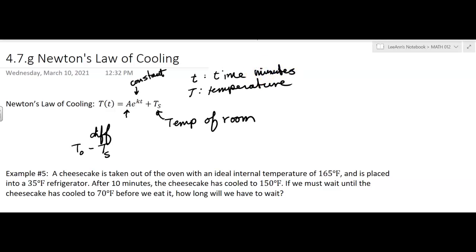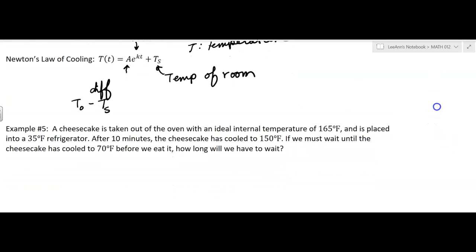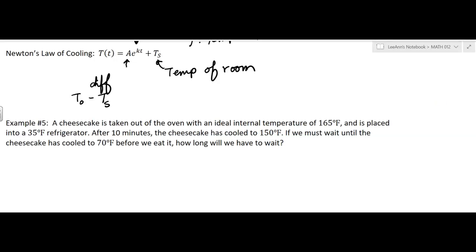All right, so let's scroll up and have this problem. Oh, I'm going to need that formula though. A cheesecake is taken out of the oven with an ideal internal temperature of 165 degrees Fahrenheit. So that would be the initial temperature of the cheesecake. Okay, finally some math that we can use here. And it is placed into a 35-degree refrigerator.